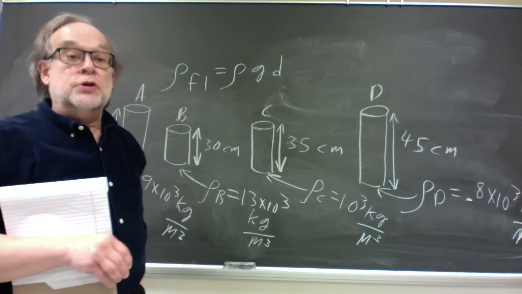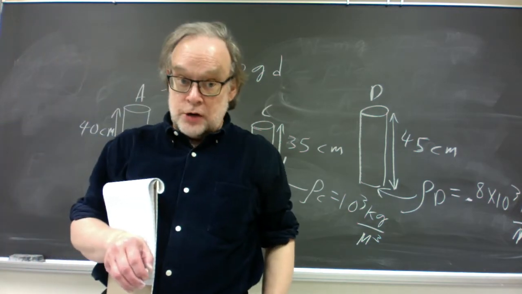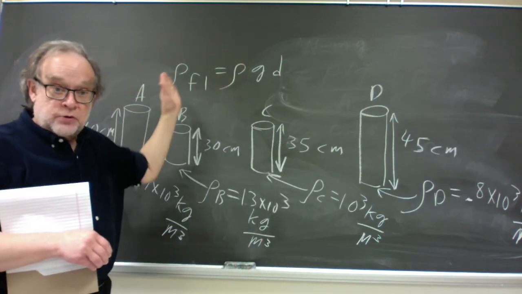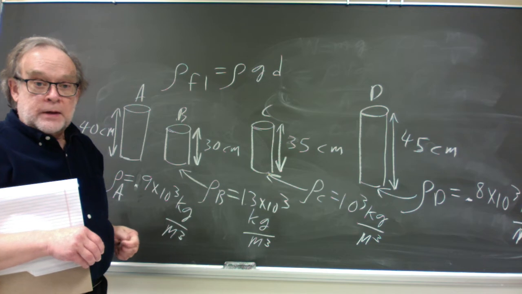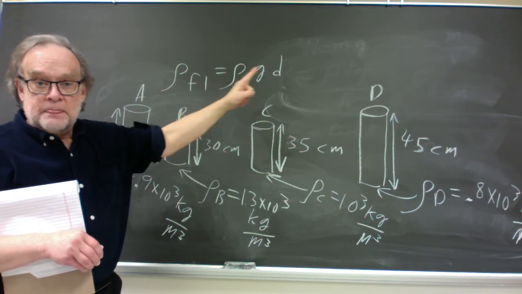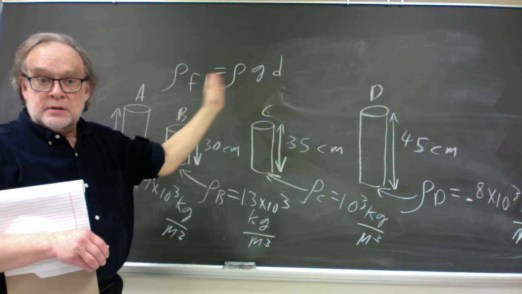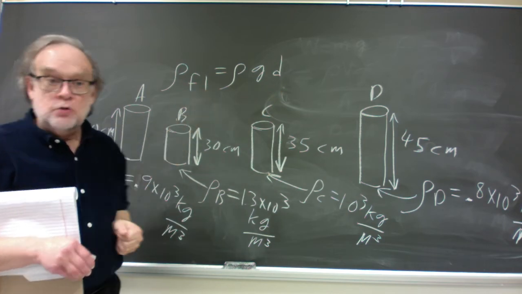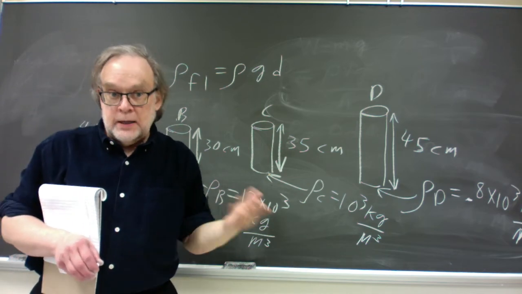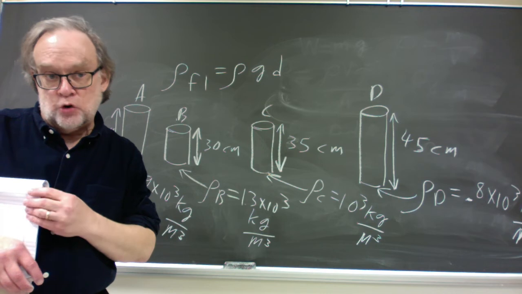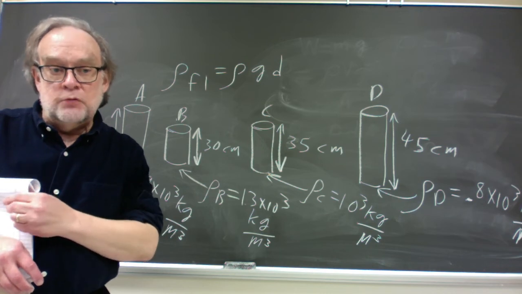Density and depth are the only factors that could cause there to be different fluid pressures. So ranking just by the product of density times depth is really the same as ranking by fluid pressure itself. And that's how we can rank these 4 cylinders from greatest to least in terms of the fluid pressure at the bottom.